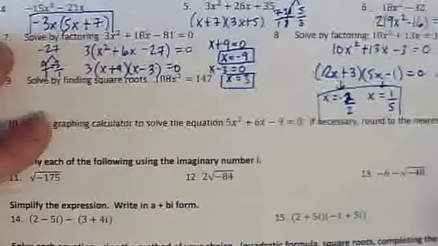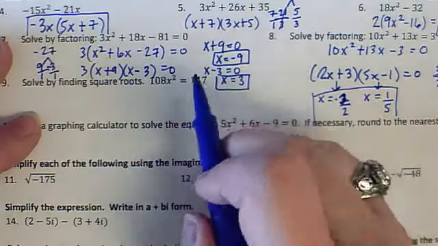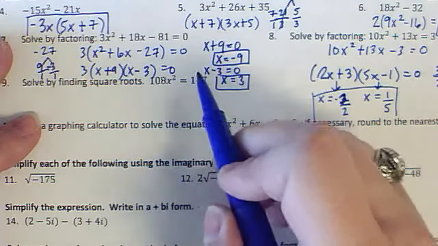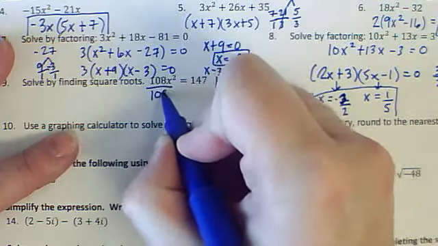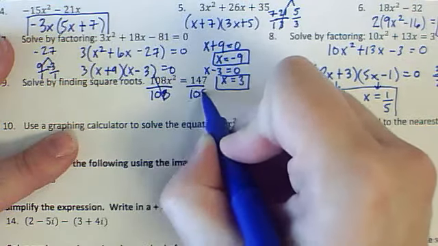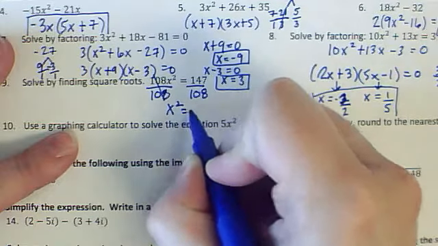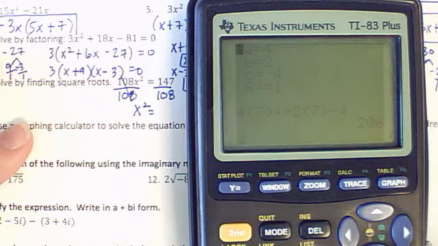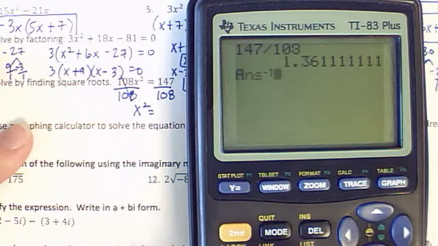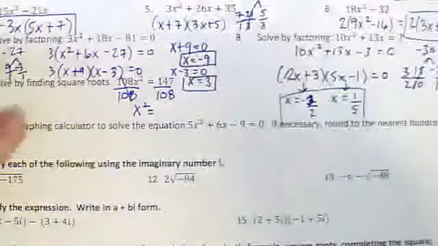Alright. Number 9. Solve by finding square roots. So in this case, if we moved the 147 over, I'd be missing the b. So I'm going to leave it like this, and I'm going to simplify as far as I can. I'm going to get x squared by itself. So I have x squared equals 147 divided by 108, and I reduce that fraction, I get 49 over 36.